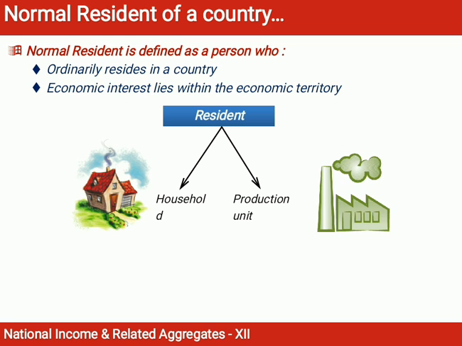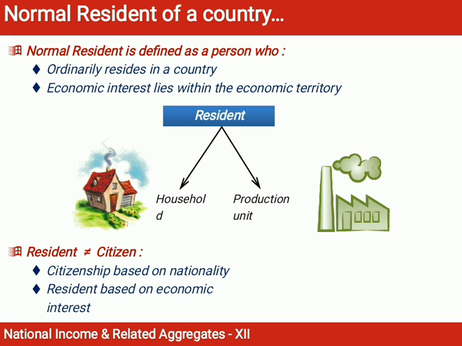Normal residents include both institutions and individuals. Here the term center of economic interest means two things. The resident lives or is located within the domestic territory, and the resident carries out basic economic activities of earning, spending, and accumulation from that location.